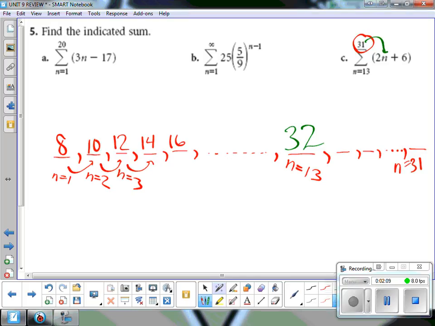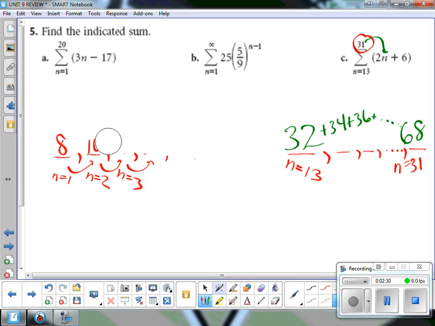What do you get? 68. 31 times 2 is 62, plus 6 is 68. So they don't want to know what they all add up to. They just want 32 plus 34 plus 36 all the way up to 68. Okay? So it's an arithmetic series starting with 32 and going up to 68.